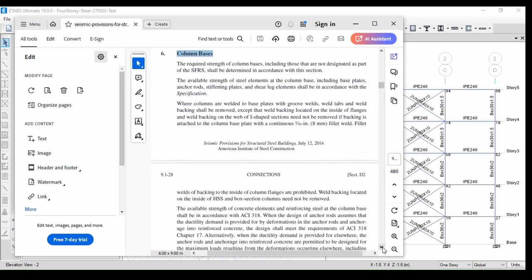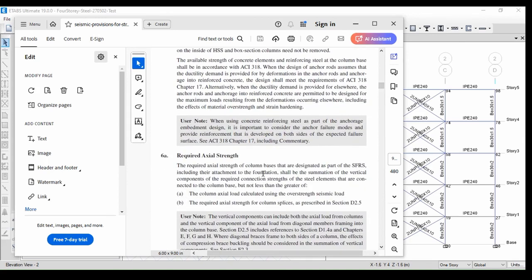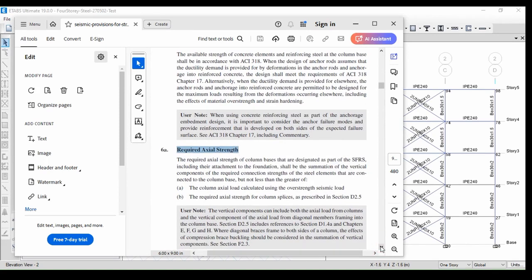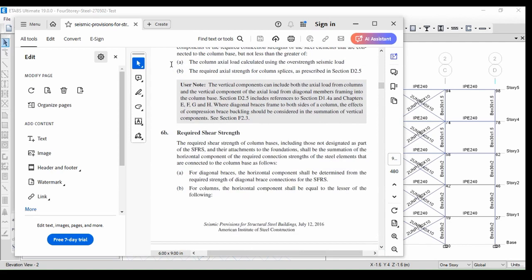First is axial force. Required axial strength should not be considered less than the greater of A and B here.